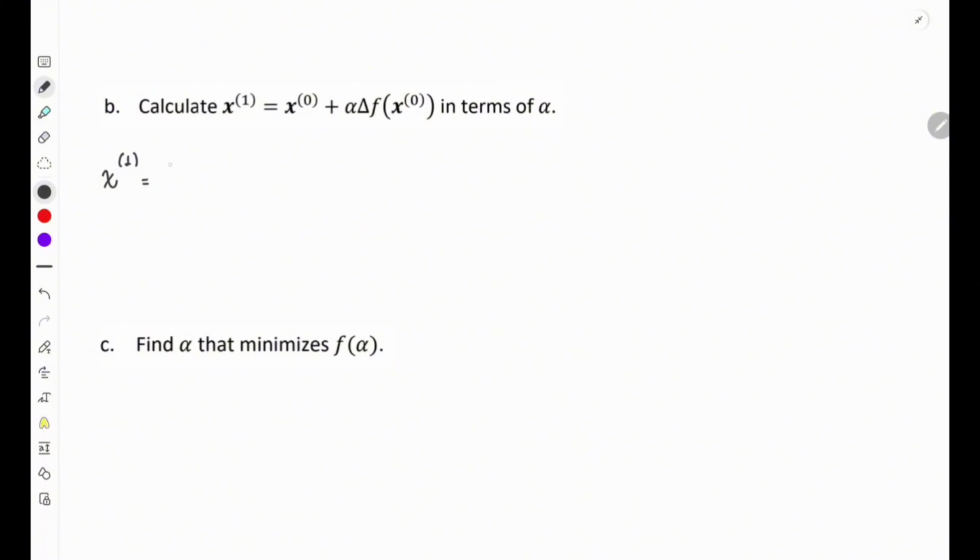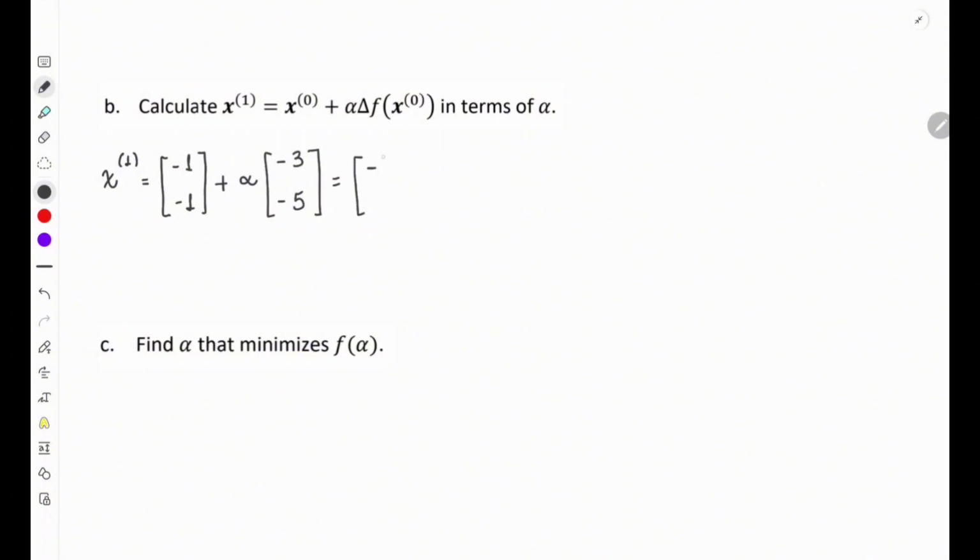So now we need to calculate our vector x for the first iteration, x1. So we need to replace x0, that is our initial guess, as -1, -1, and our gradient of f at x0, -3 and -5.